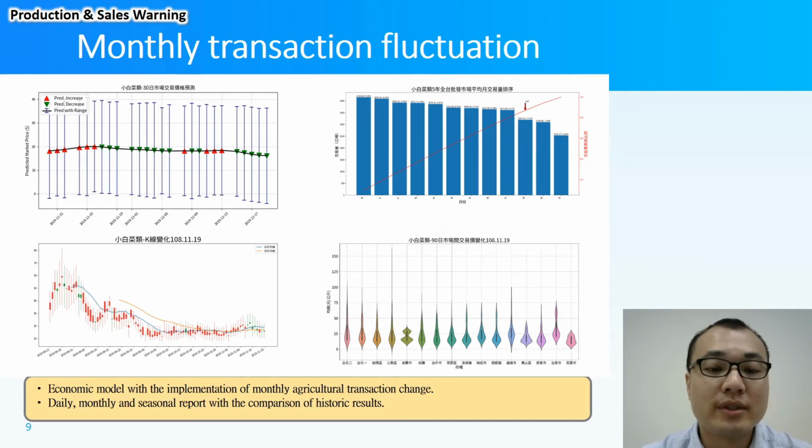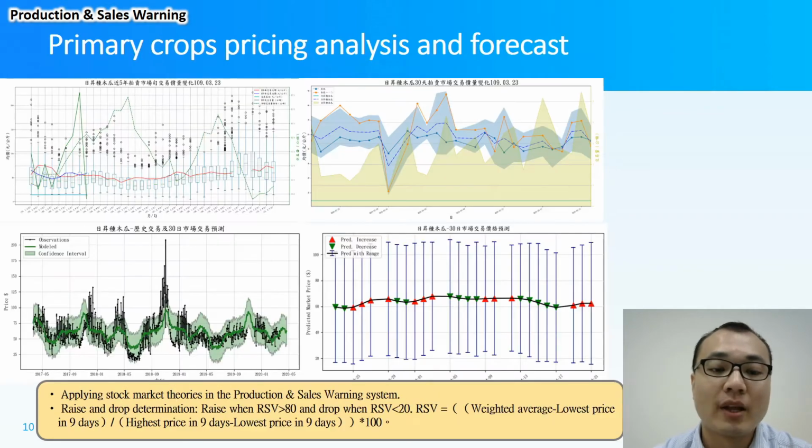We also use the KD line in the economic models and try to explain the so-called confidence interval, and use simple charts to understand the weekly, monthly, and even quarterly changes in the traded volume and price.